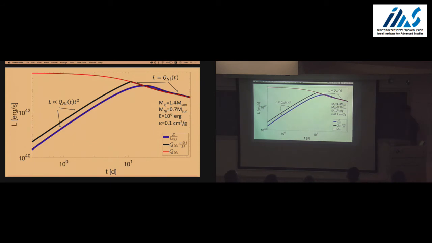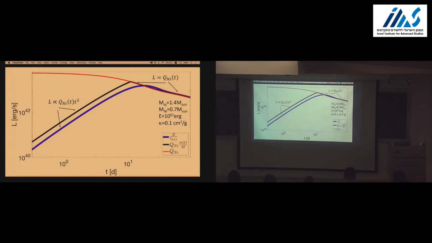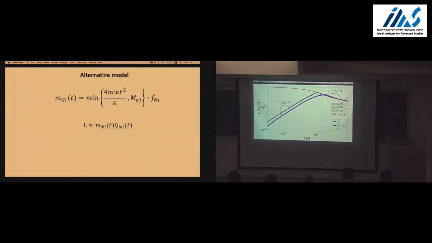But what about this part? Here they are the same. Do we really expect the luminosity to increase like t squared at early time? What is the main assumption that we did here? We made a very strong assumption which is practically wrong. We assume that this fraction of nickel is constant all along the star.